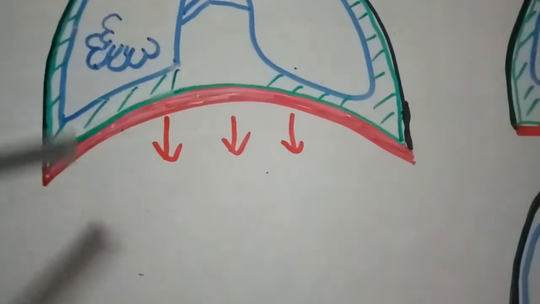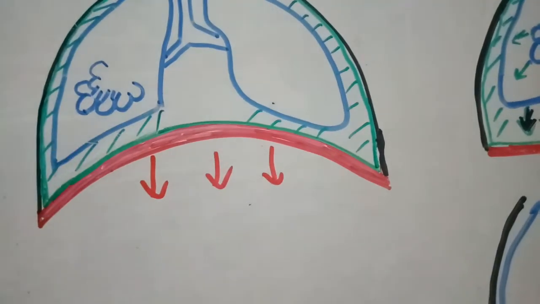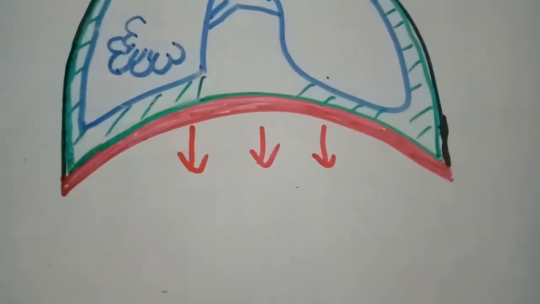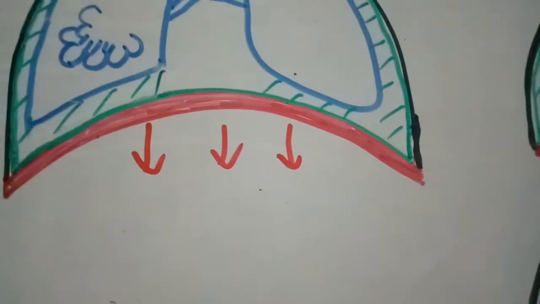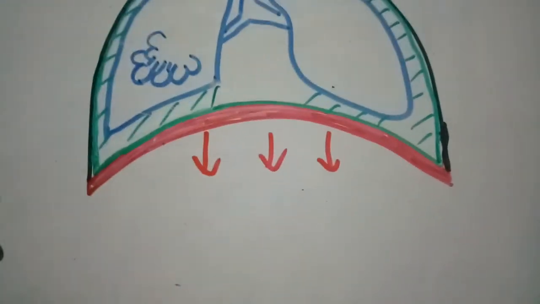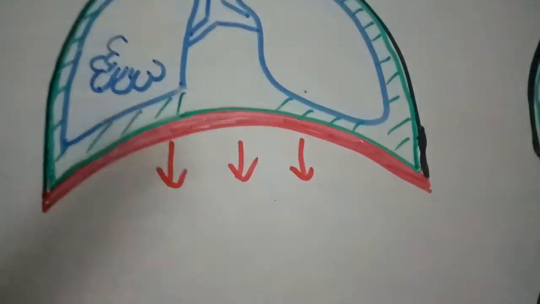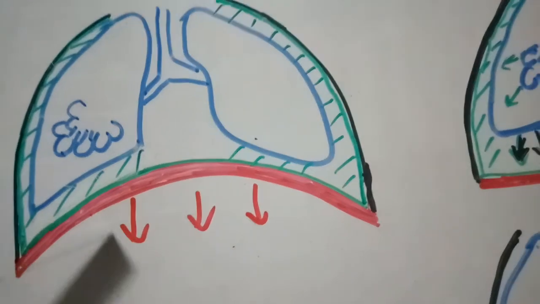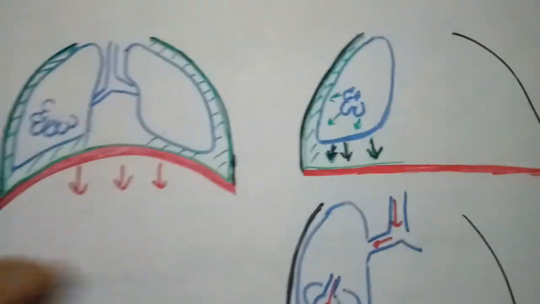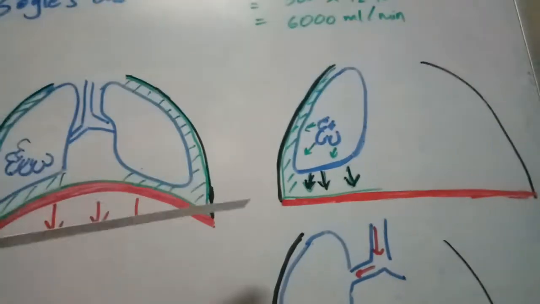What happens is the phrenic nerve supplies the diaphragm. I'll be making a separate video for the control of respiration, but for now you need to remember that the respiratory centers stimulate the phrenic nerve, and it will cause the contraction of the diaphragm, and the diaphragm, as you can see, will flatten.